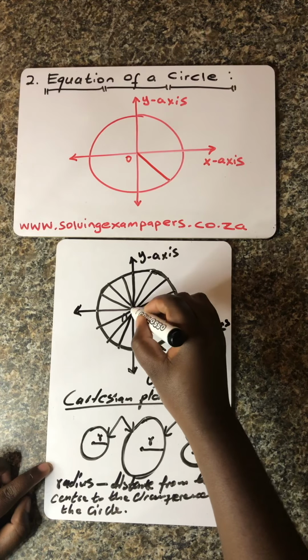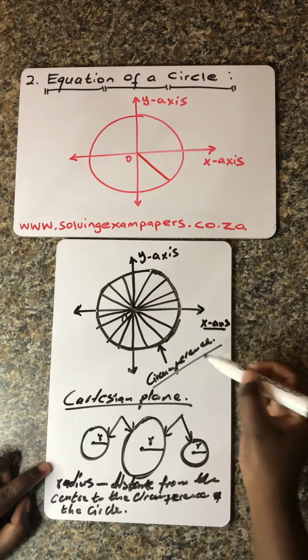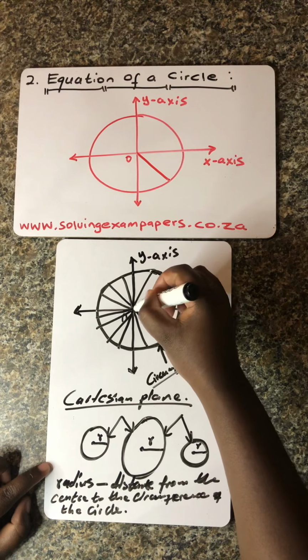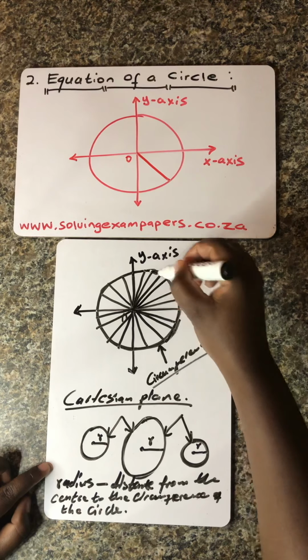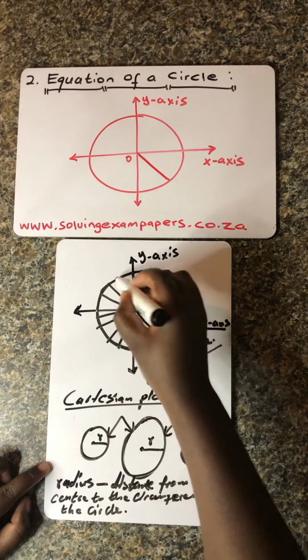So it's just one radius that you need to know. I'm drawing these multiple lines so that you never forget. The radius can be that line radiating from the center to the circumference.